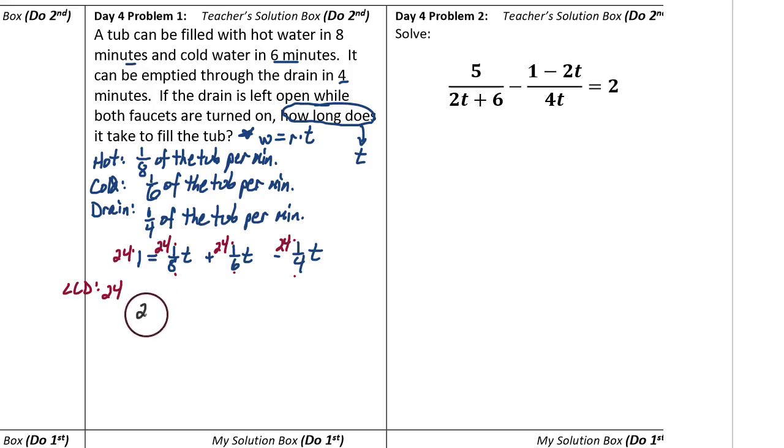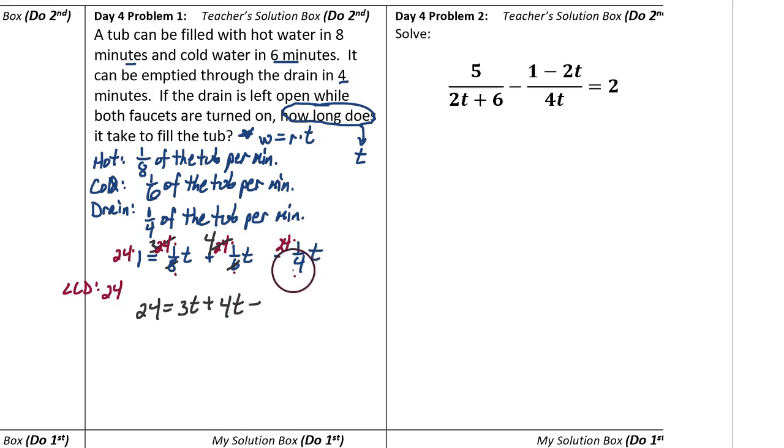24 times 1 is 24. Right here, 8 goes into 24 3 times, and 3 times t is 3t. In the middle, 6 goes into 24 4 times, and 4 times t is 4t.